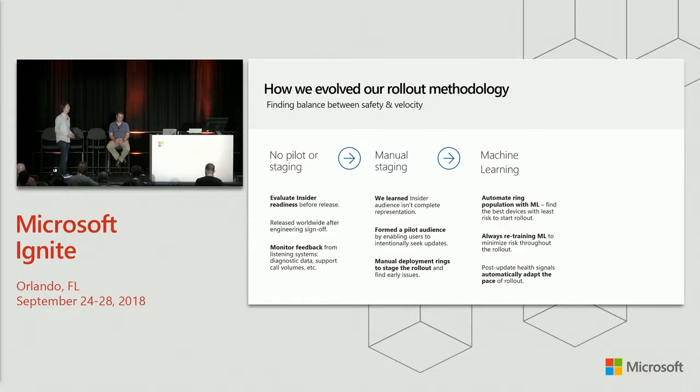So we knew that we needed to develop some machine learning techniques in order to do that. What was great about this is it allowed us to detect a set of patterns around what's a good update and what's a bad update. And for a set of devices that we had a high confidence for doing good updates, we could automate our ring population in order to ensure those devices with the least risk went out first.